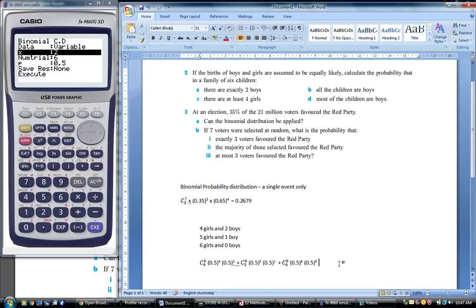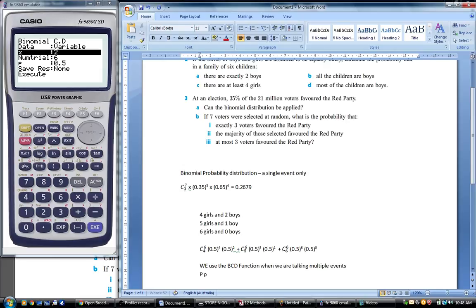So we use the BCD function when we're talking about multiple events or multiple probabilities. What it is a calculation of is the probability of x being less than or equal to some number.